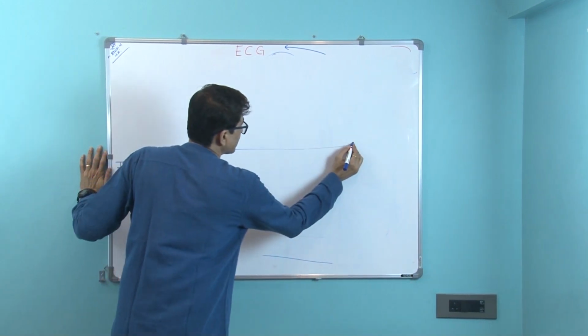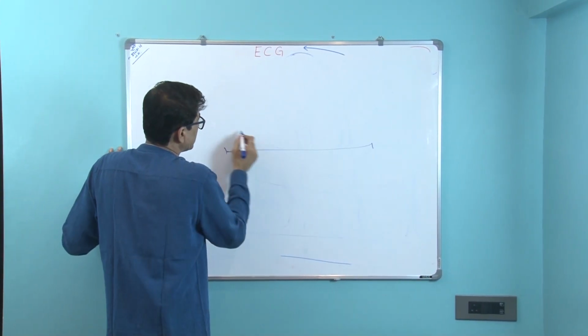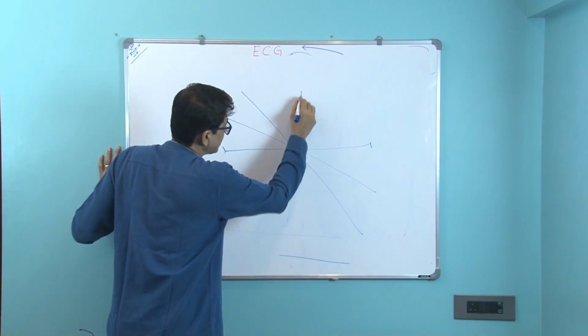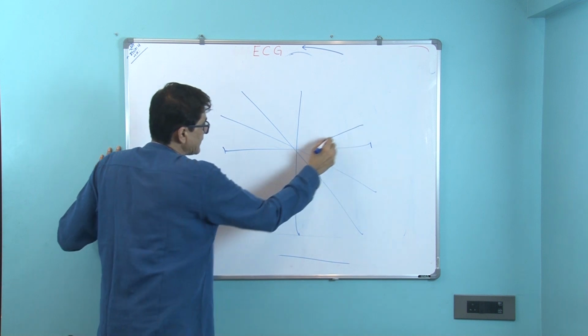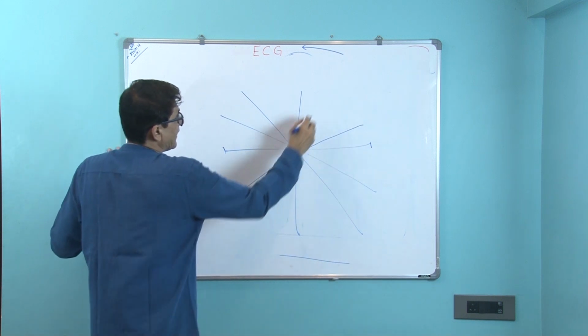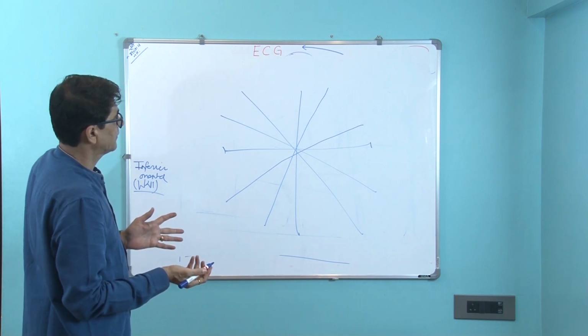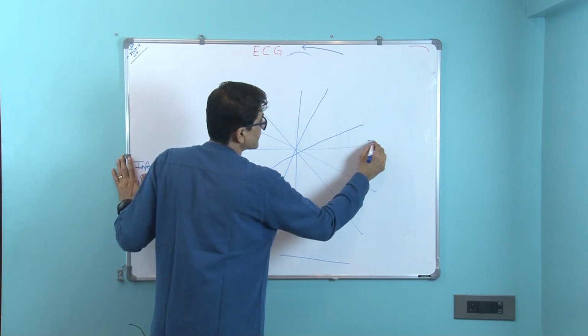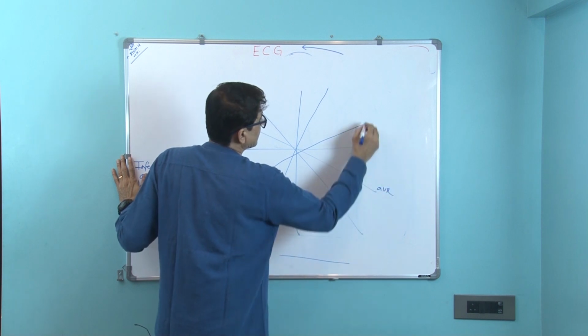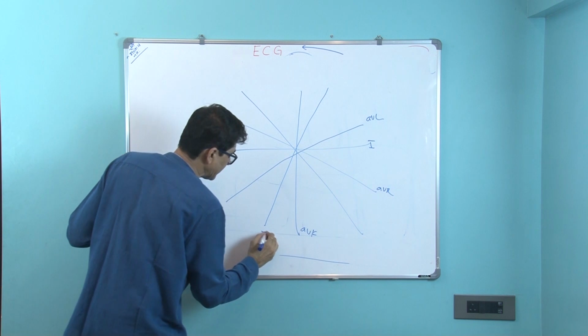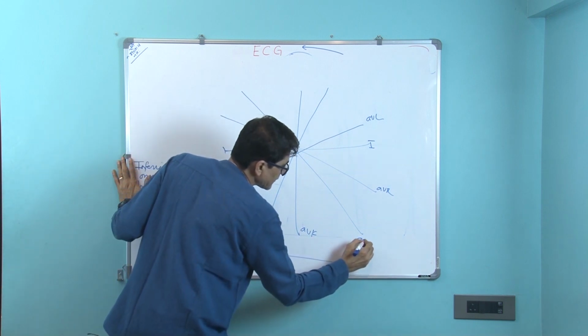So this is lead 1, this is AVR, this is lead 2, this is AVF, this is AVL and this is lead 3. Simple, very easy.